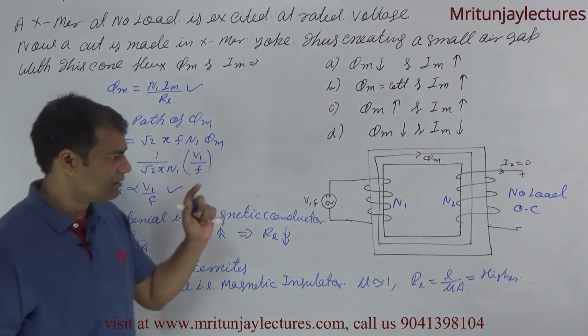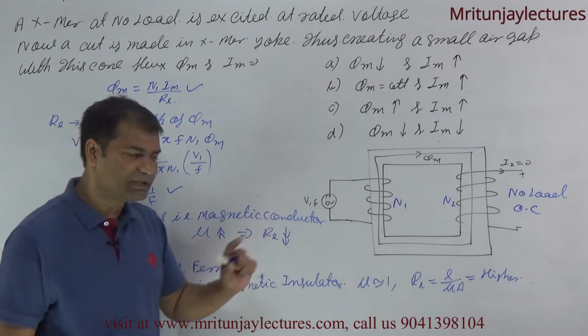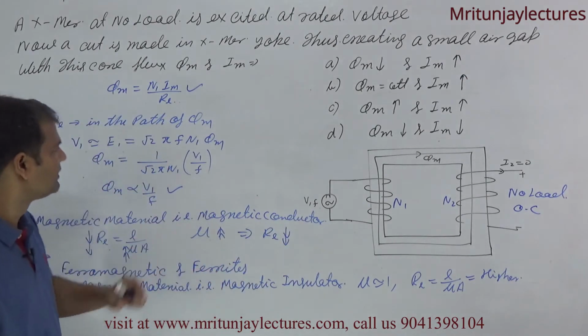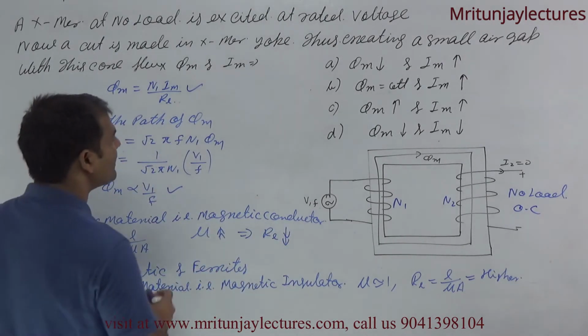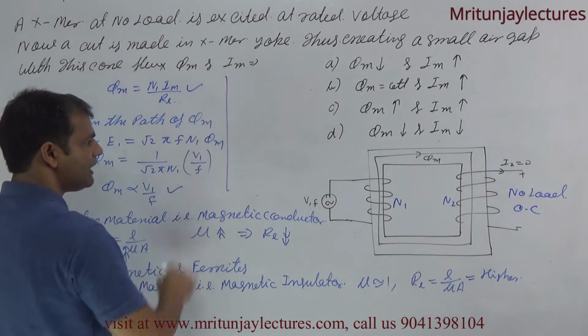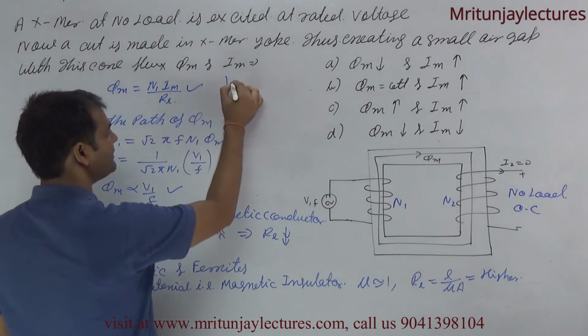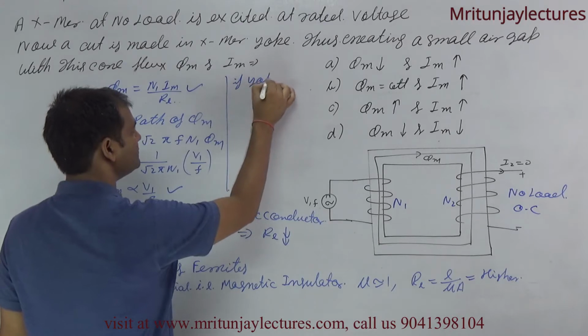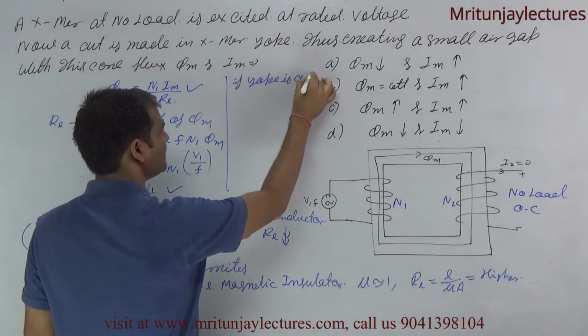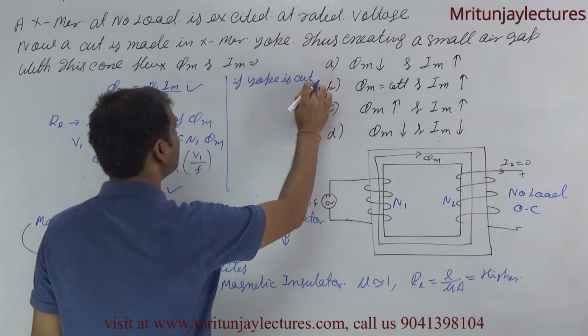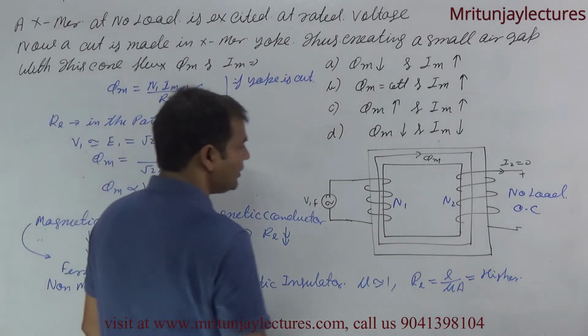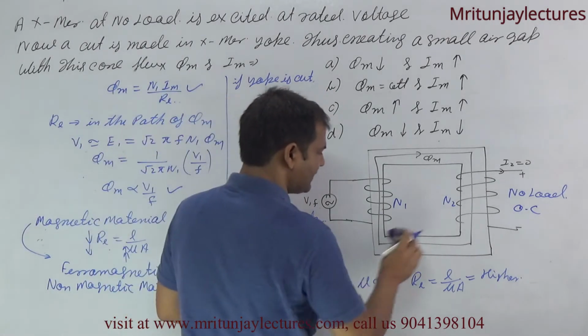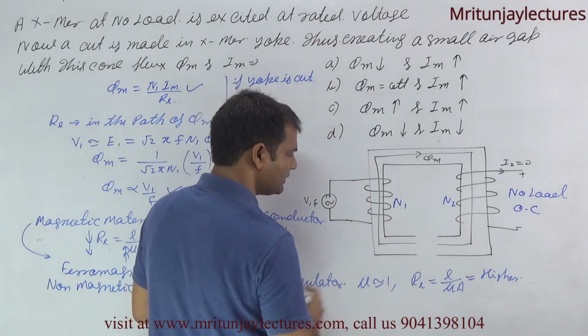Clear? Now why are these terms discussed here? Let us clarify: if the yoke is cut, it means creating a small air gap in the yoke like this.